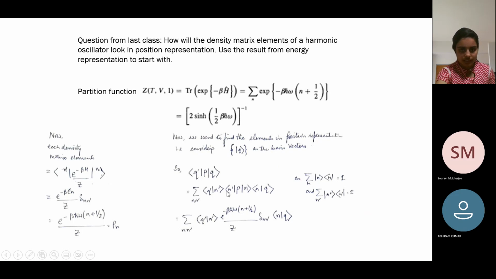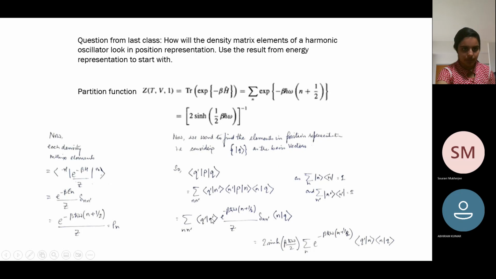And then the factor that we get here is actually this term, P n. So we can substitute this term here, and this is what we get. Now, because we get this delta function, we can keep just one summation, because this term would be non-zero only when n is equal to n prime. So that gives you the final expression, which is given here.